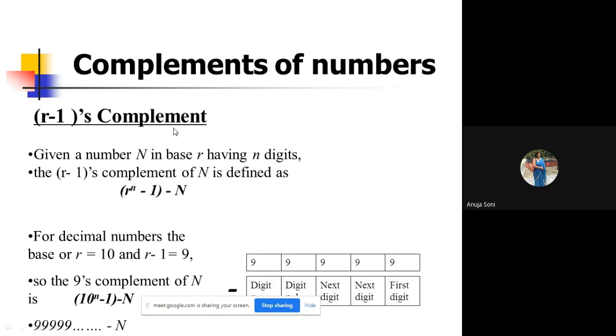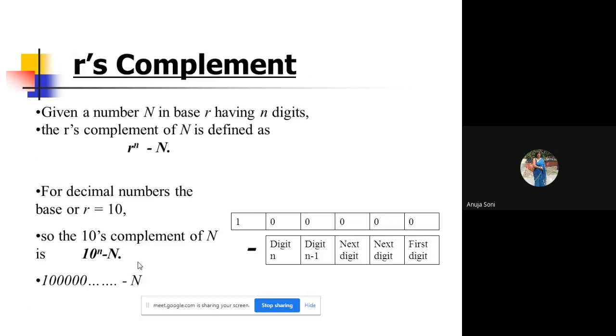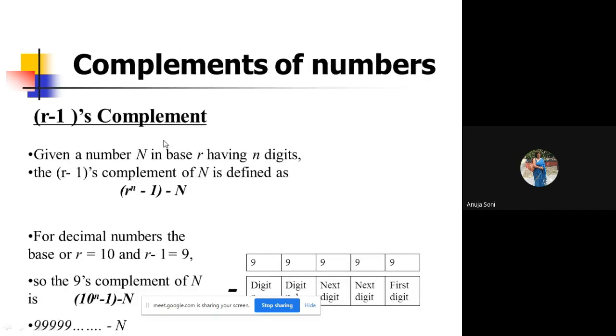And to take the r's complement, which is basically the 10's complement, what is the formula? Simply add 1 to the given value. What is the formula for the 9's complement? The r minus 1's complement is r raised to n minus 1 minus N. To find the r's complement, you add 1.